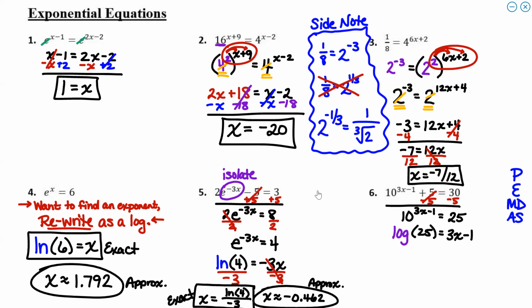This one is not going to give me a solution. But I can do natural log of 3, right? This would be my exact solution right here. And to get my approximate, I'm going to pop that into the calculator and get what? 1.098 or 99 if you round up.